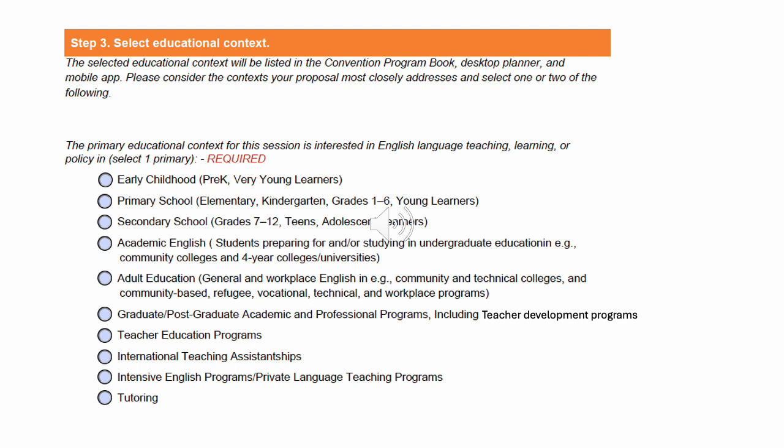Well, I really think you need to think about your content. If it's really about teaching an academic skill or articulation from a community college to a university, then you really want to choose academic English as your primary, especially if you're teaching credit ESL in a community college.